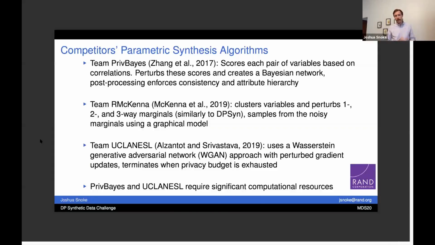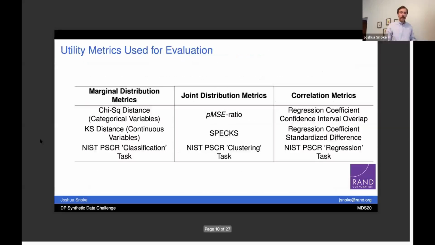One of the things about this approach is that because there's a fixed privacy budget, the whole GAN approach, which is updating, terminates when the privacy budget is exhausted. So the Priv-Bayes and the UCLA one required fairly significant computational resources. And as I mentioned before, that's often one of the things you'll see with parametric approaches.